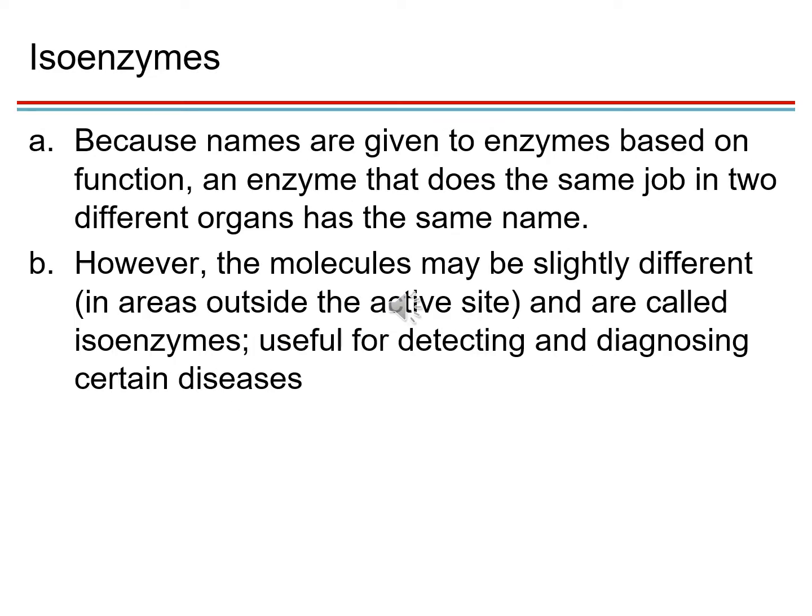As we mentioned before, the name is also another way to determine the function of the enzyme. Sometimes the same enzyme is found in more than one organ with similar functions, and these are called isoenzymes. It's the same enzyme but located in different organs.